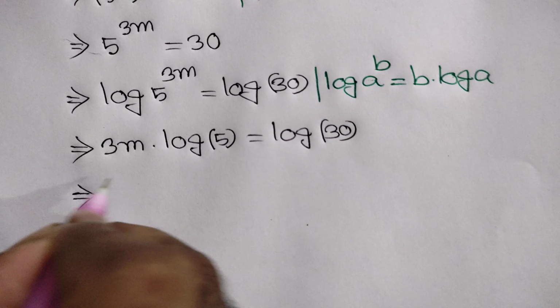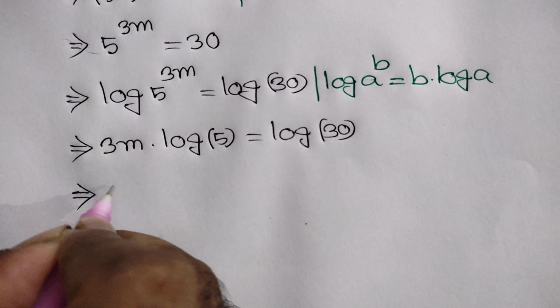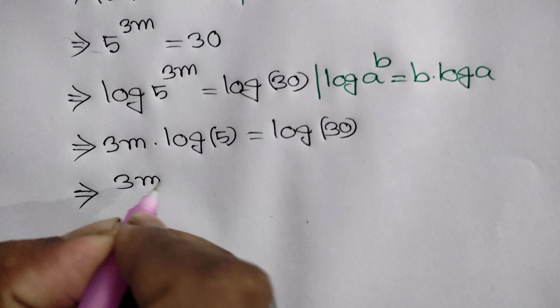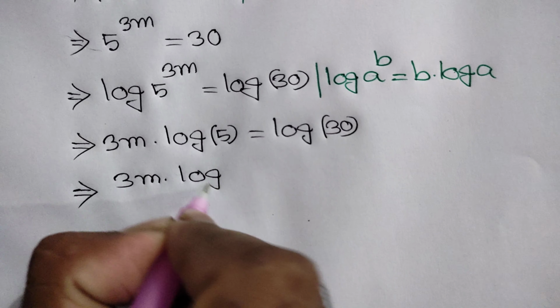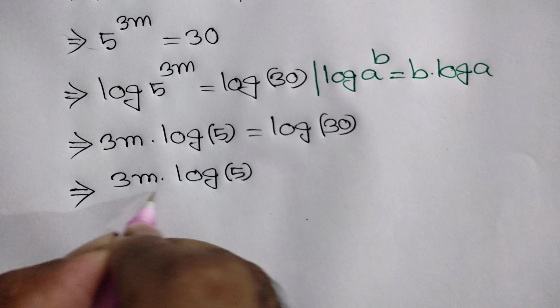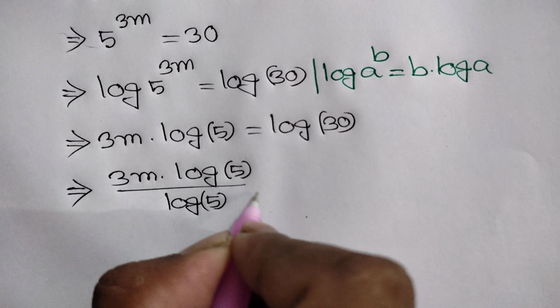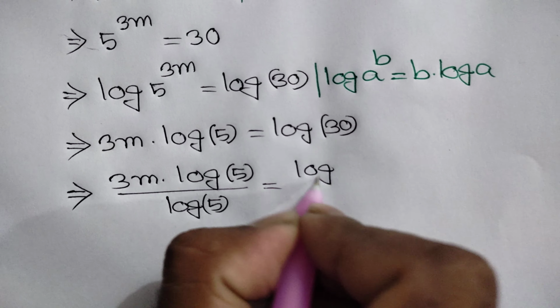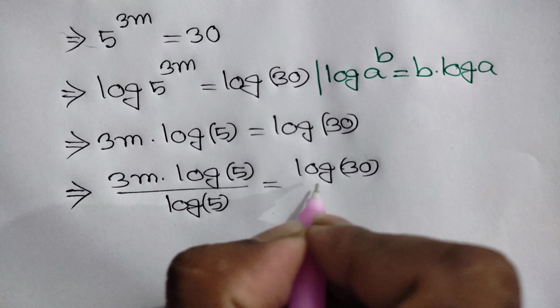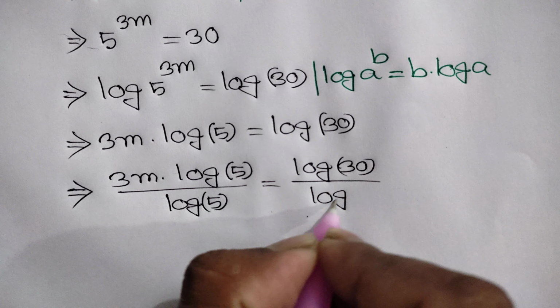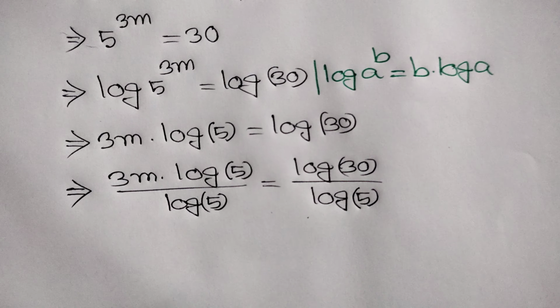Now dividing both sides by log of 5, we can write 3m times log of 5 over log of 5 is equal to log of 30 over log of 5.